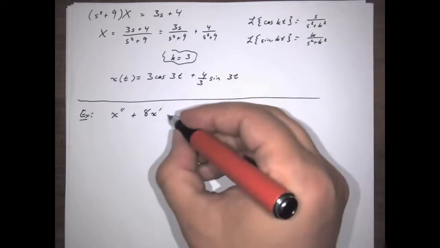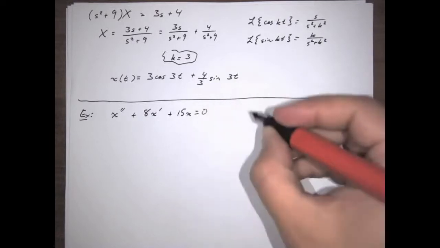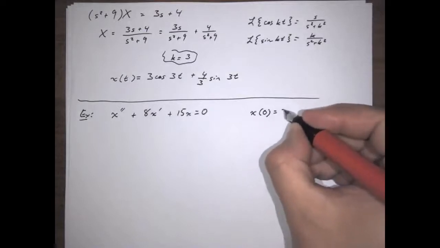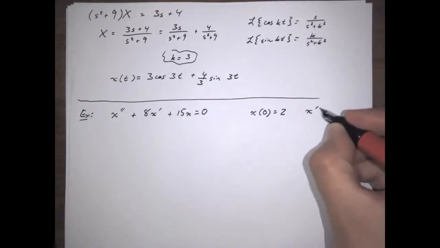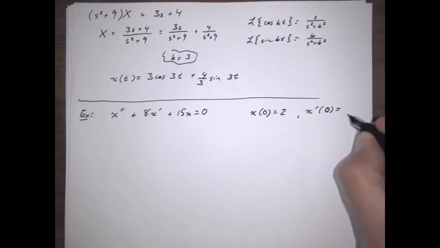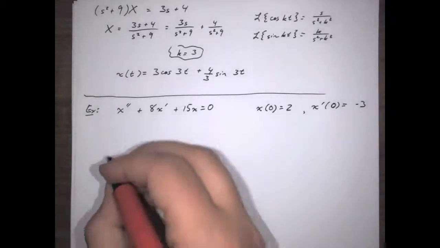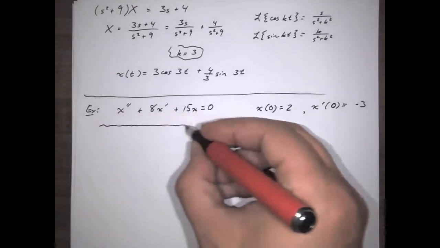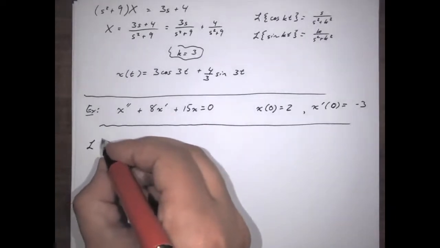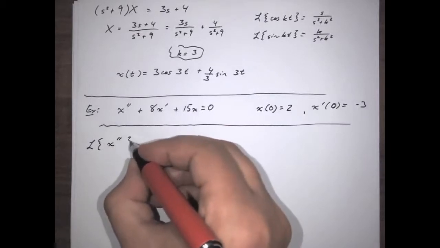So x double prime plus 8x prime plus 15x equals 0, and we'll start with some initial conditions of x of 0 equals 2 and x prime of 0 is equal to -3. Alright, so the first step here is to take the Laplace transform of both sides. And it's a linear operation, so therefore we can distribute it to each term.